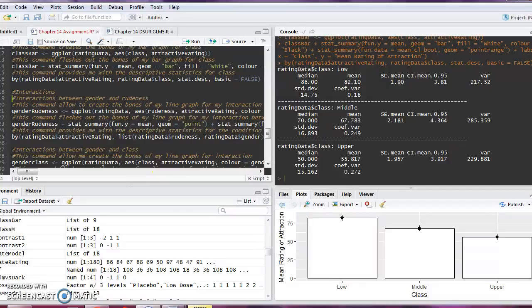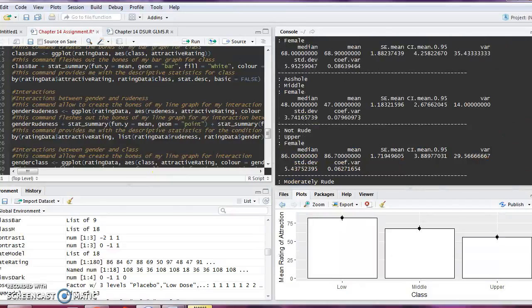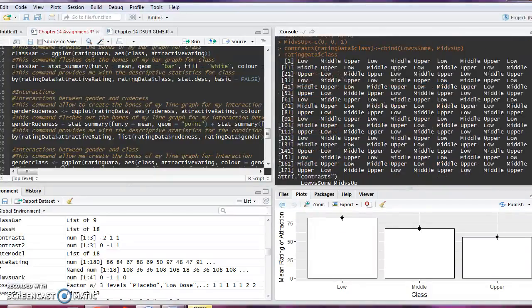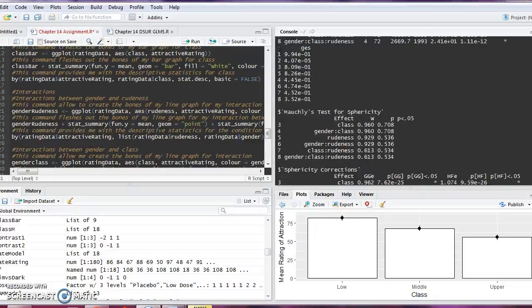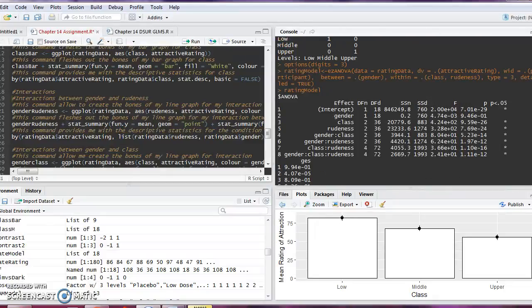So scrolling right back up to, where is it? Okay, so scrolling to our ANOVA portion, we see that gender and rudeness actually have a significant p-value, meaning it's less than 0.05, meaning that gender and rudeness can interact to create some form of effect on attractiveness rating.